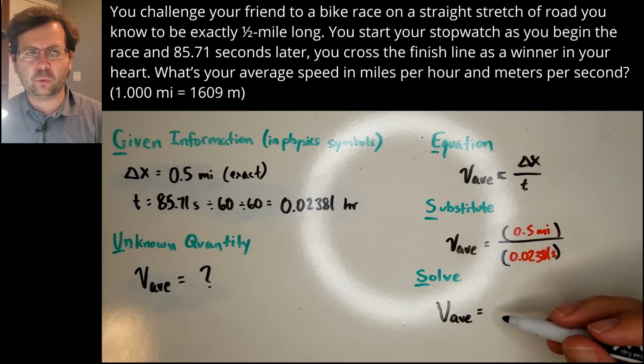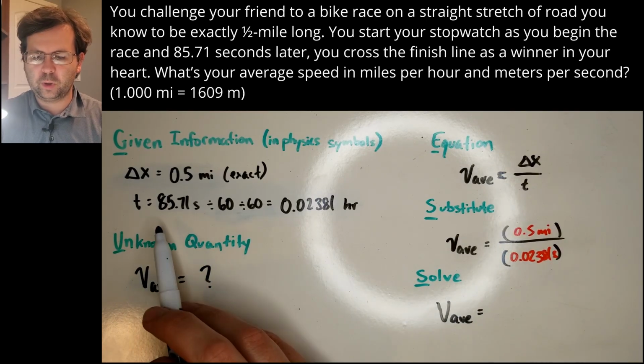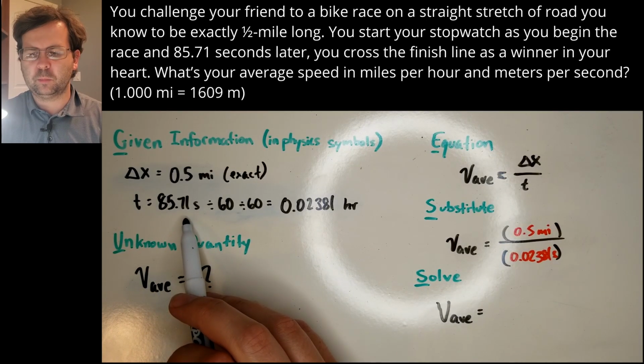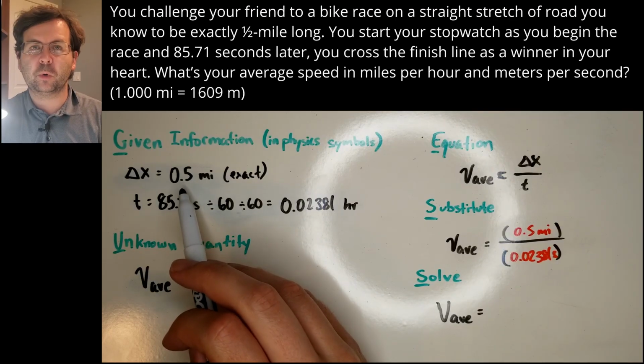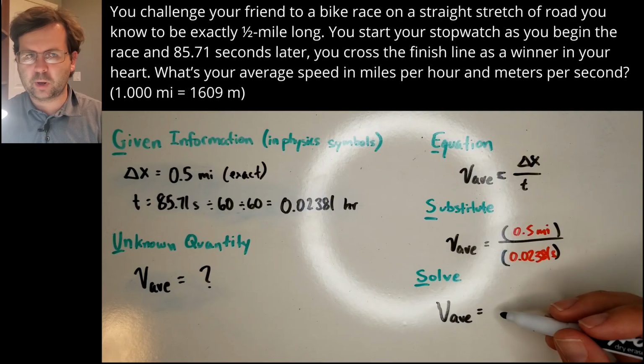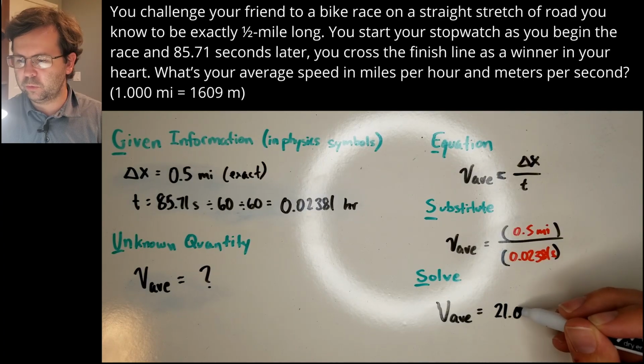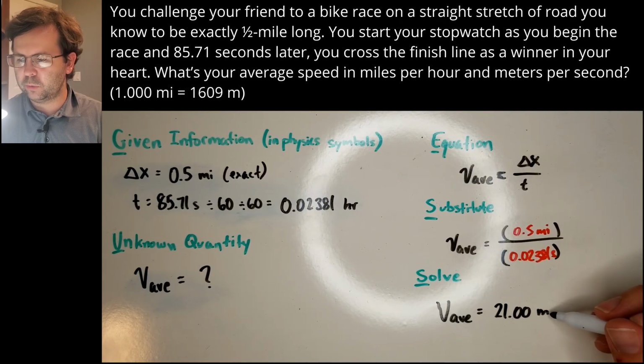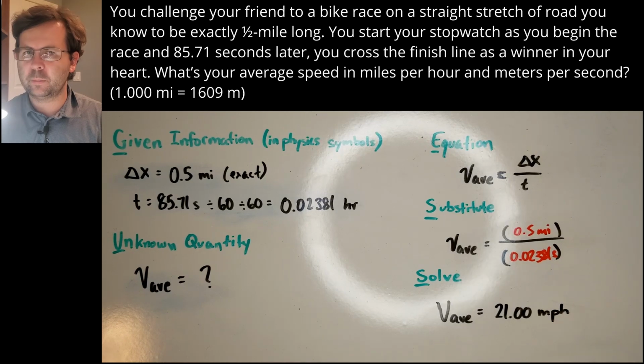We're going to round it to 4 significant figures because we have 4 in our time originally, and we have an infinite number here for exact. And so 4 significant figures rounded would be 21.00 miles per hour. So that is how we find the miles per hour.